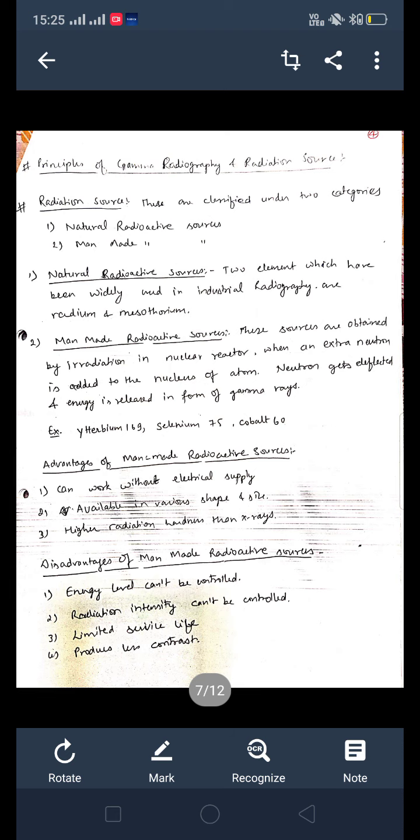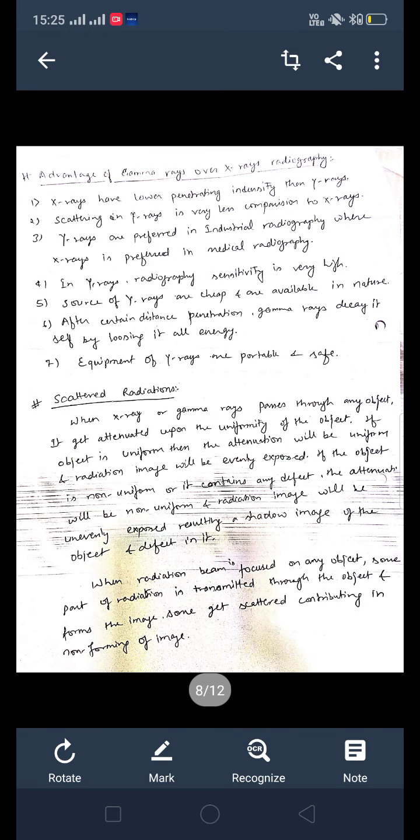Now we move to the advantages of gamma rays over X-ray radiography. My dear students, this topic is important from the semester point of view, so please concentrate on these points and also focus on your study notes. The first point is that X-rays have lower penetrating intensity than gamma rays.